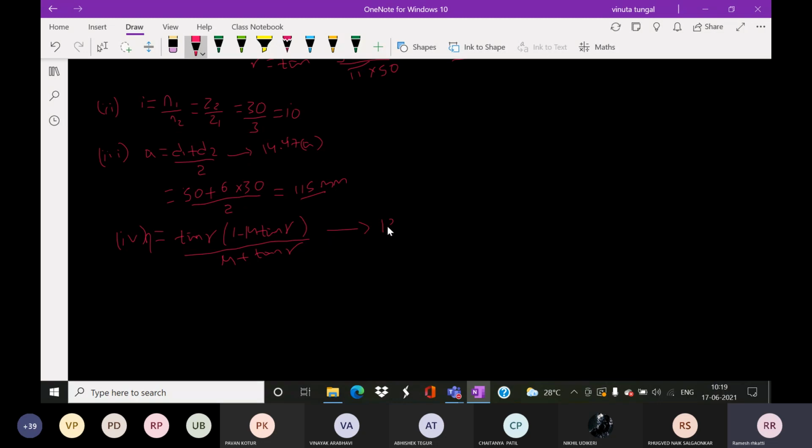This is equation 12.57 D. Substitute all the values.